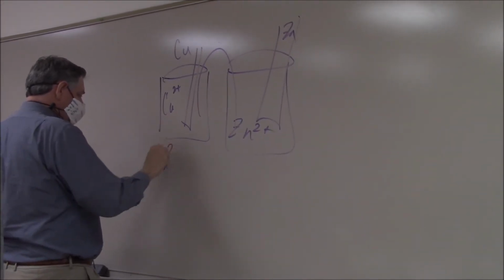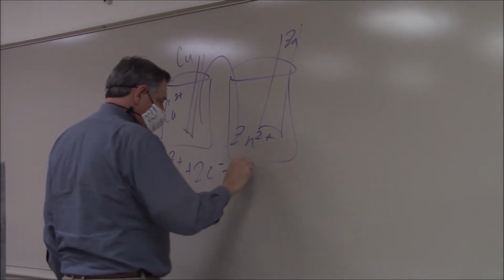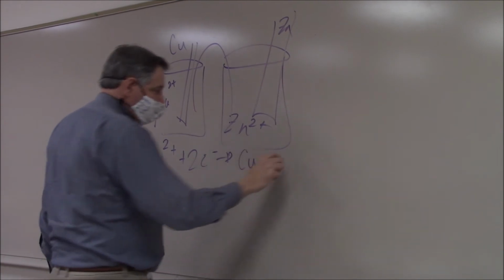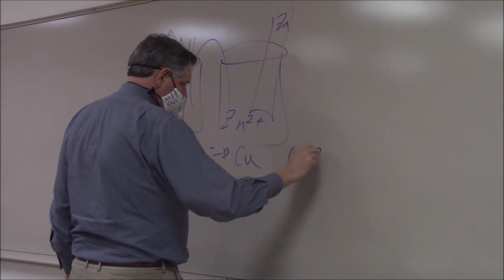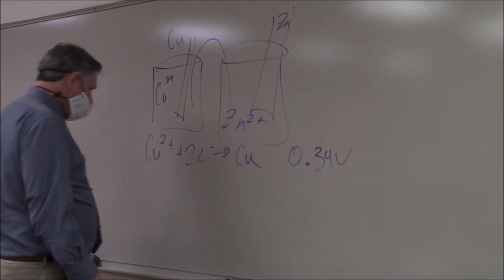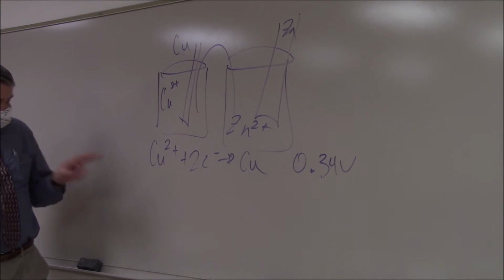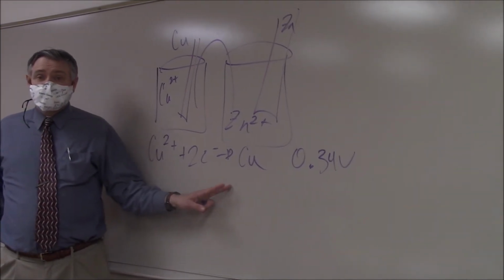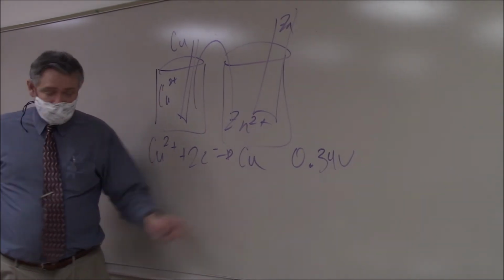Amanda just said if you have Cu2+ plus 2 electrons, that's going to turn into elemental copper, which is 0.34 volts, right? So, if this goes in this direction, is this reduction or oxidation? Reduction, because it's gaining electrons, right?